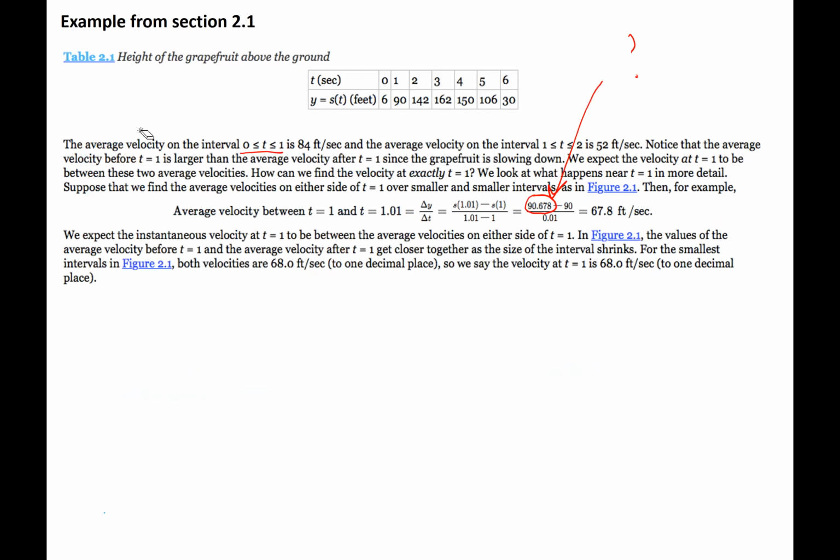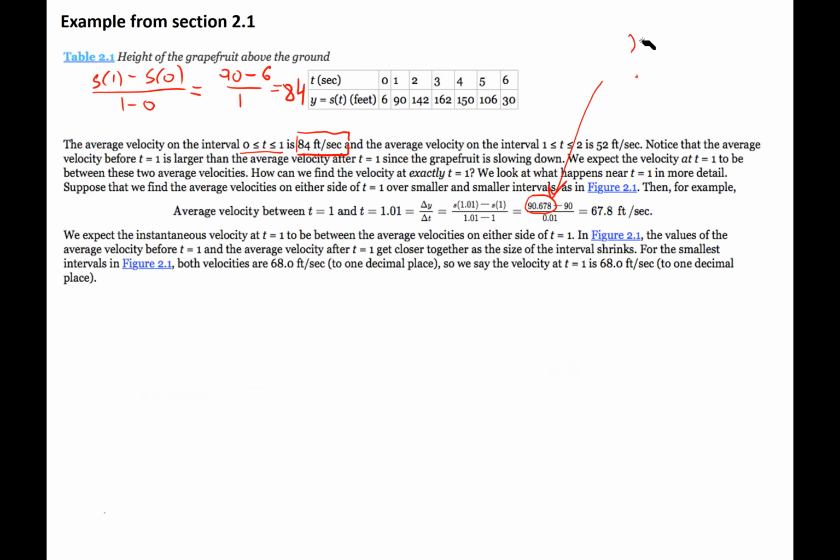We can take the average velocity between 0 and 1. It will be s at 1 minus s at 0, over 1 minus 0. The value for 1 is 90. The value for 0 is 6. Of course, this is 1. 84 feet per second. That's the average speed, average velocity between 0 and 1.